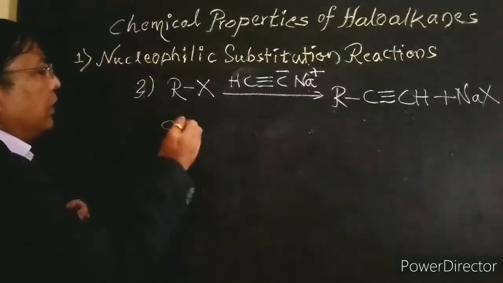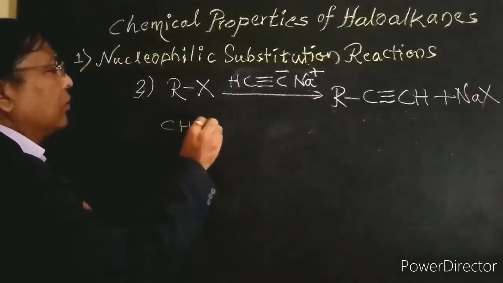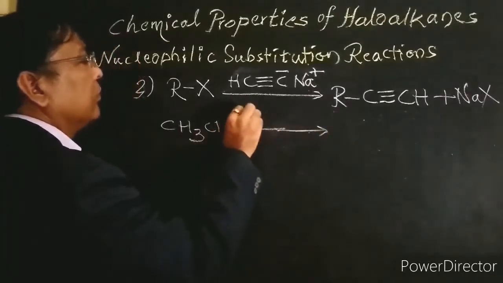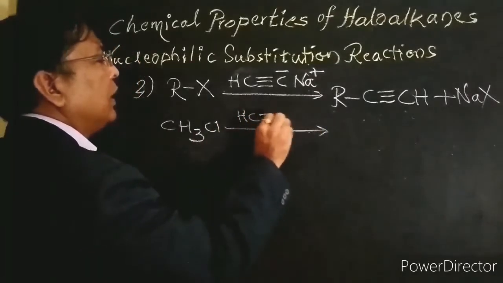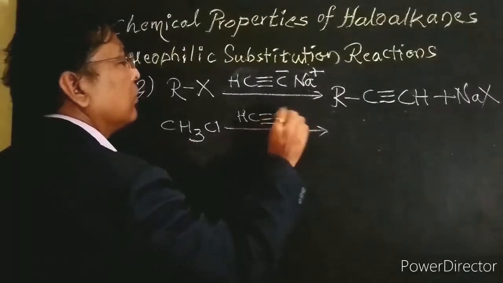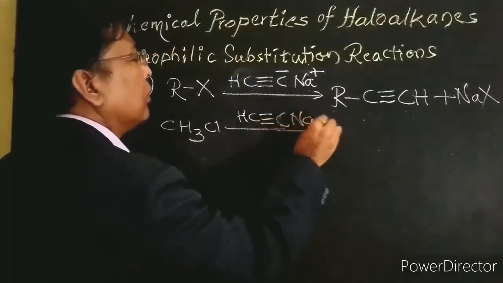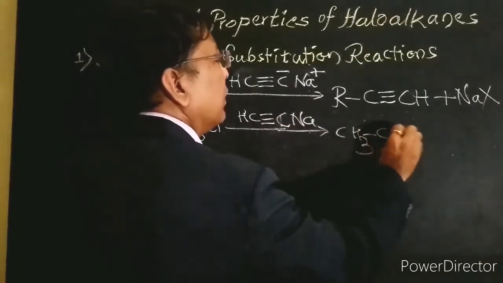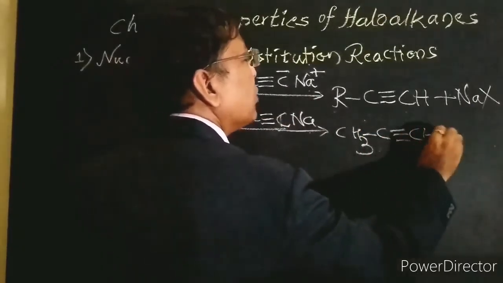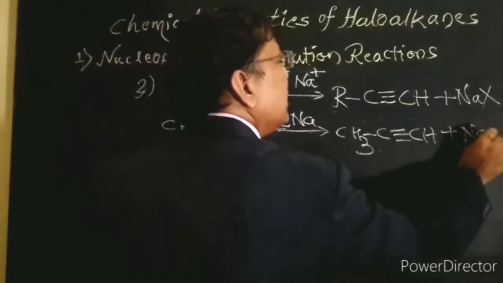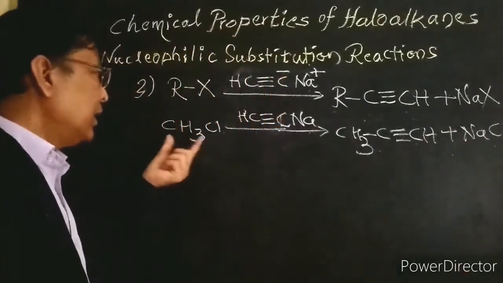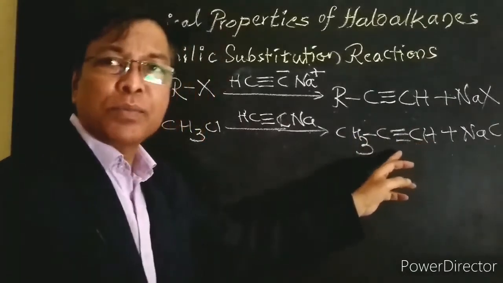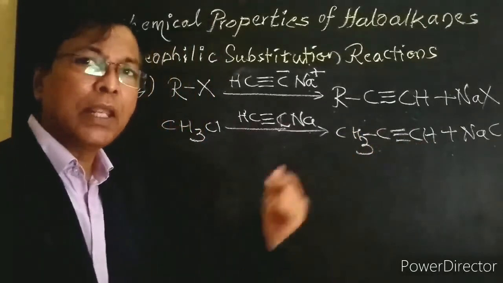For example, if we take methyl chloride and react it with sodium acetylide, we get CH3 C triple bond CH plus NaCl. If you see here, the reactant has only 1 carbon atom, but the product has 3 carbon atoms. Therefore, this is a step up reaction.